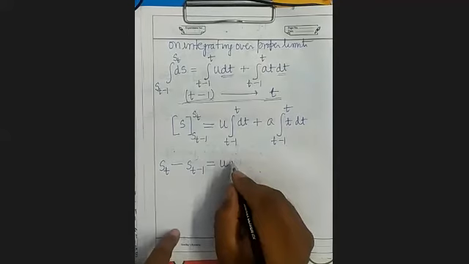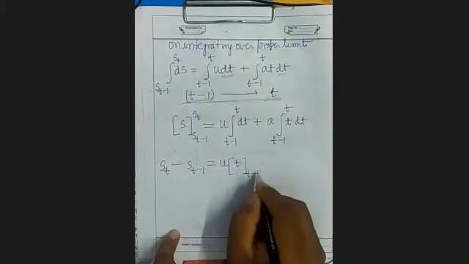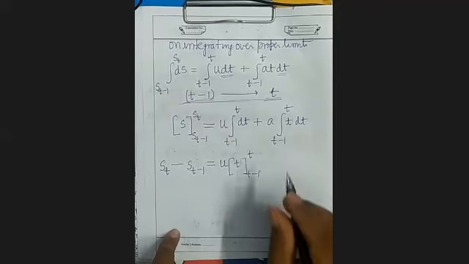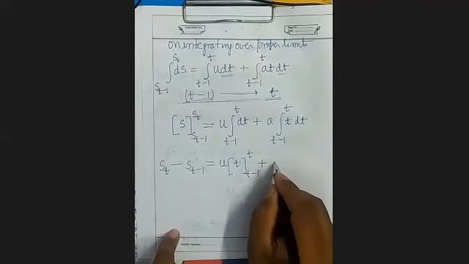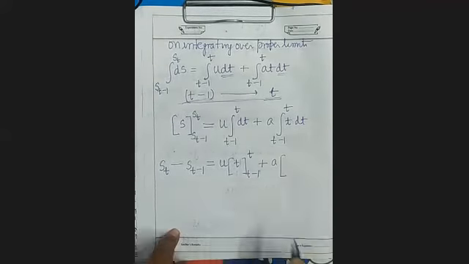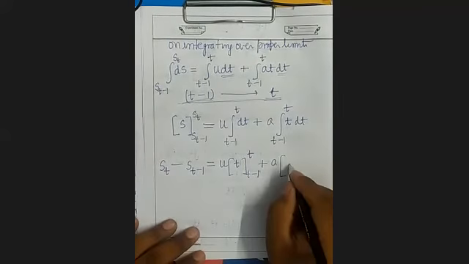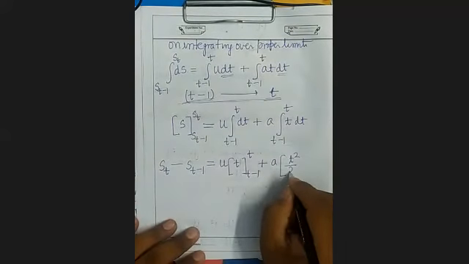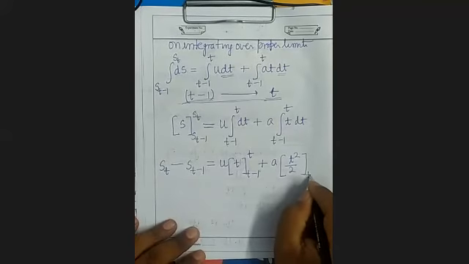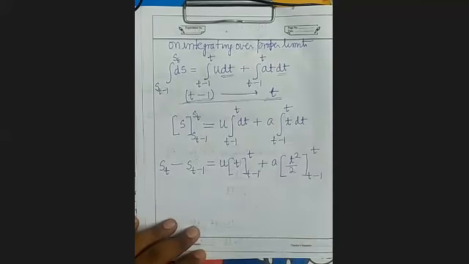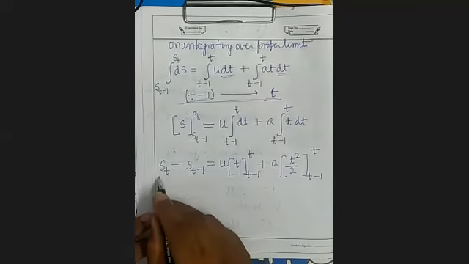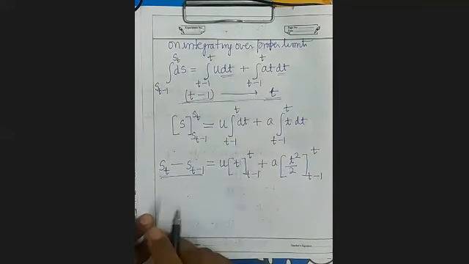Integral dt is t, from t-1 to t, plus a times integral t dt. T dt means t square upon 2, with limit t-1 to t. So you substitute the limit. This already I have told, from this to this it is s(t) minus s(t-1), that is S_t^th.